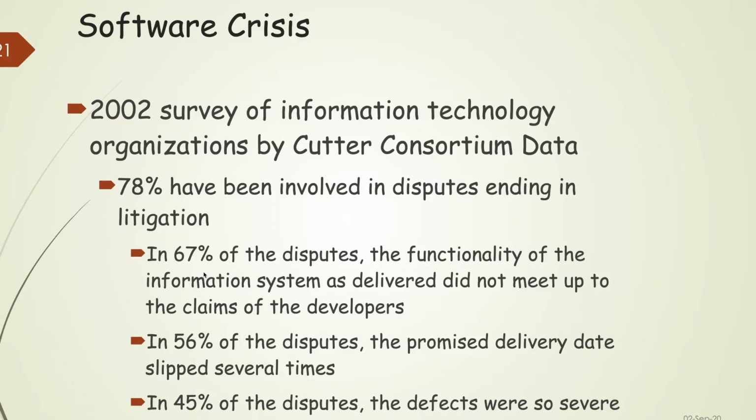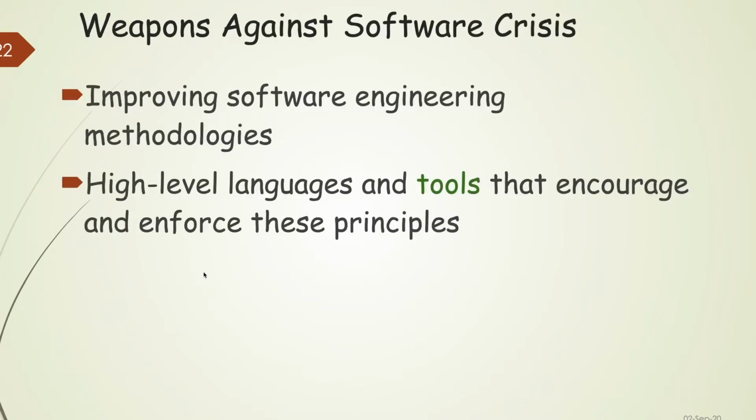In 2002, surveys of information technology organizations found that 78% have been involved in disputes ending in litigation. So companies have taken developers to court because of this. So it is a crisis. So what's the weapon against software crisis? Well, we can improve software engineering.